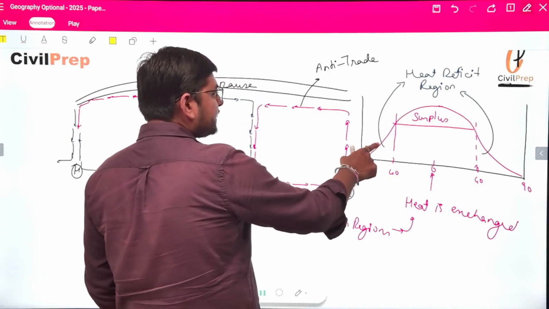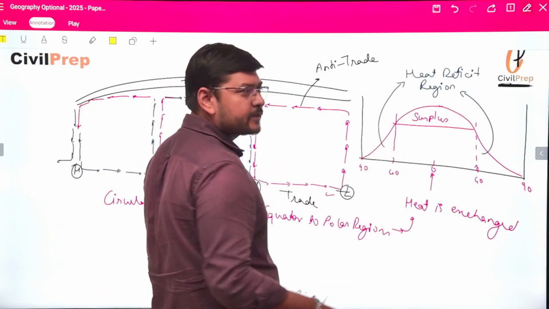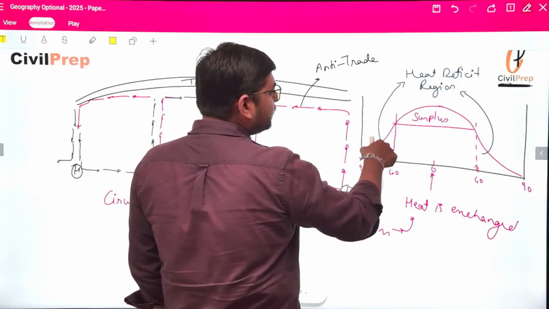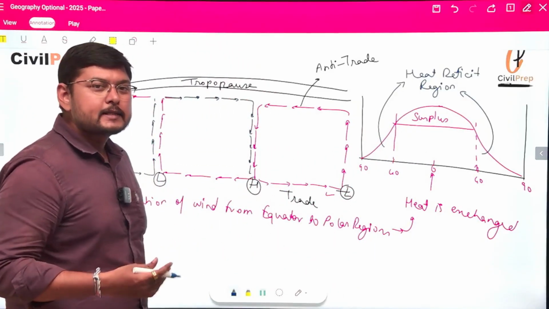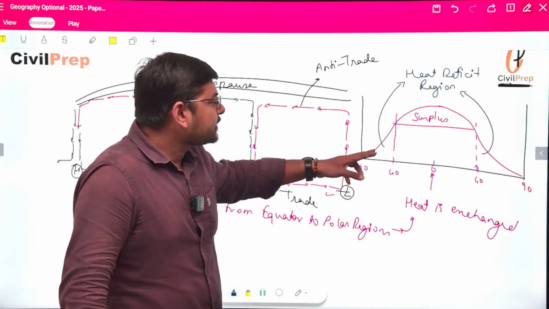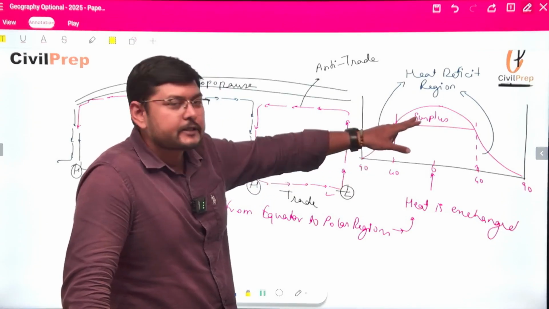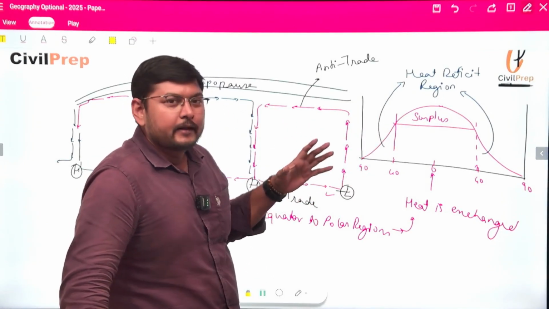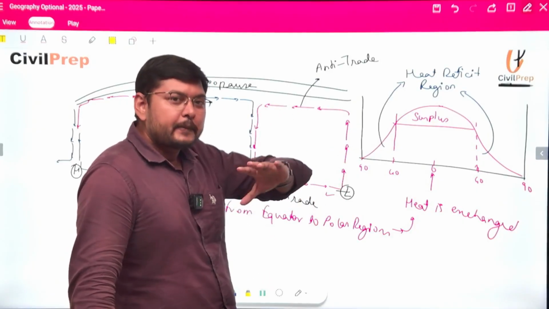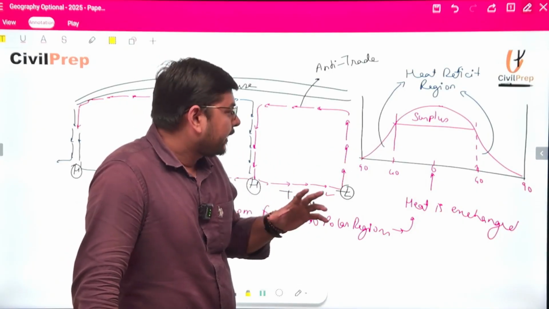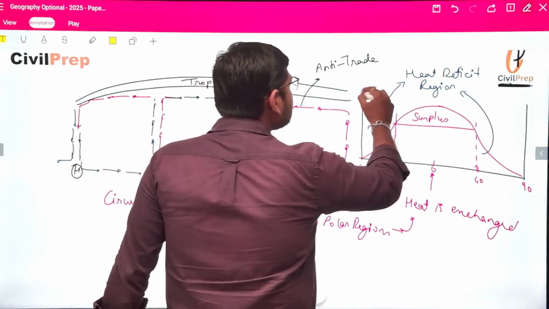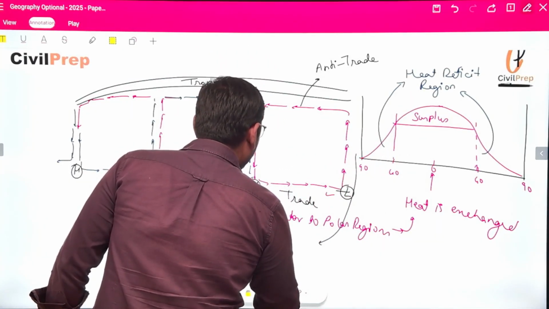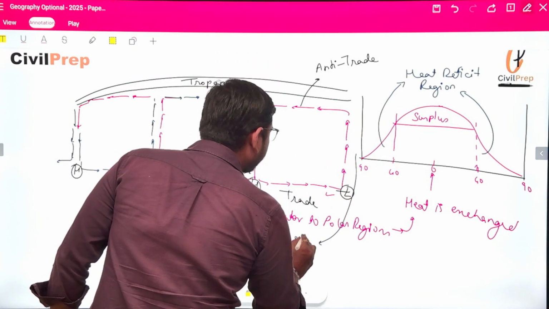So in this way, we see that there is a circulation of the system taking place and heat is transferred from the surplus region to the deficit region, and the cooler winds are transferred from the heat deficit region to the heat surplus region. In this way, we are able to understand how the temperature of the earth is maintained and how, because of this phenomenon, there is balance of heat.